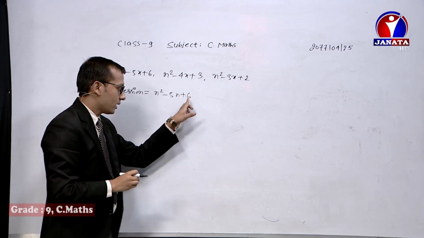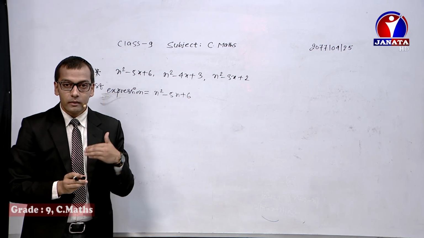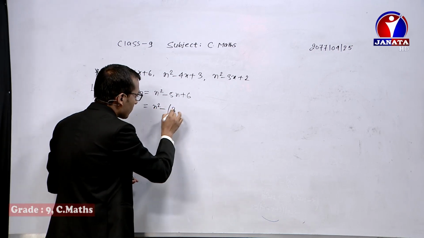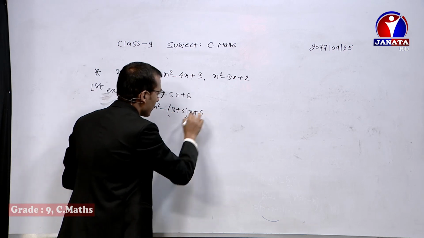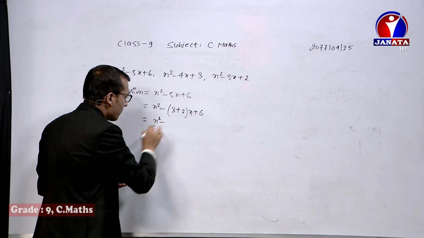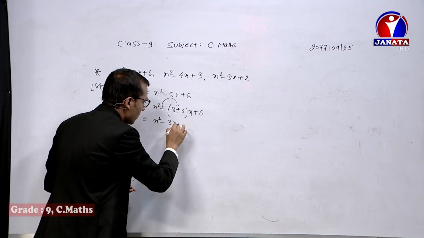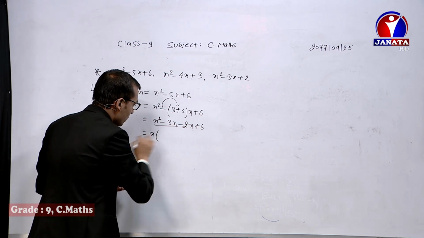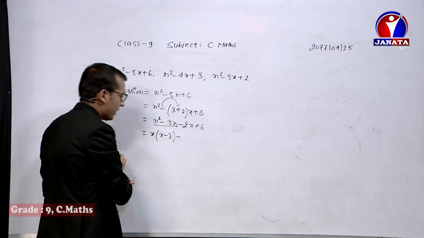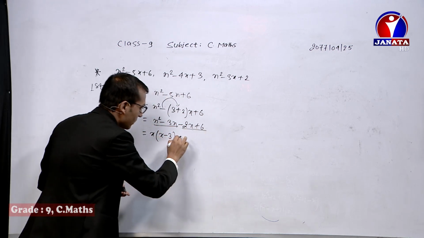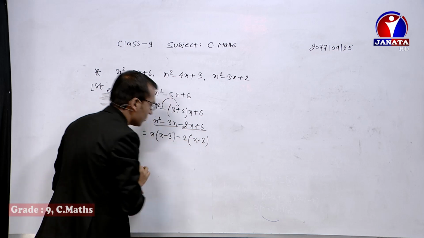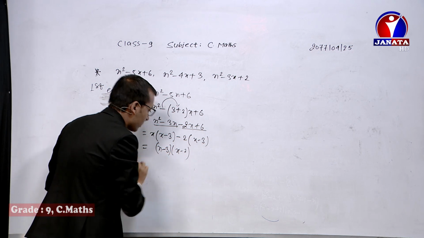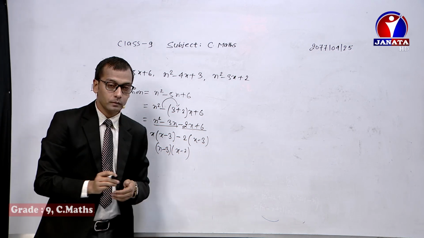Product of two numbers is 6 and sum is 5. So what are the two numbers? 3 and 2. We can split: x square minus 3x minus 2x plus 6. We can take common from the first two terms. x is common, x minus 3, minus what is common from 2x and 6? 2 is common, so x minus 3. Again x minus 3 is the common factor times x minus 2 is the remaining factor.